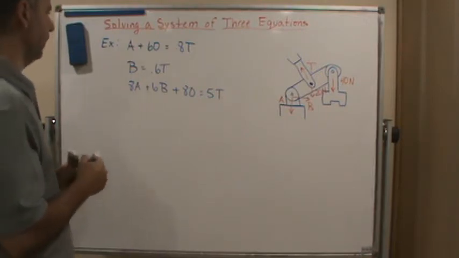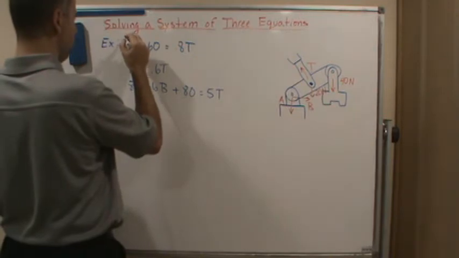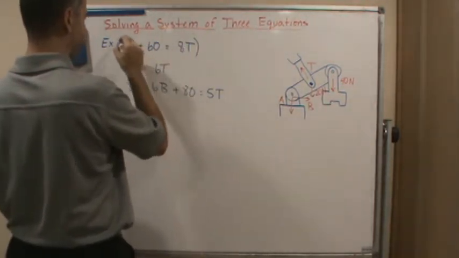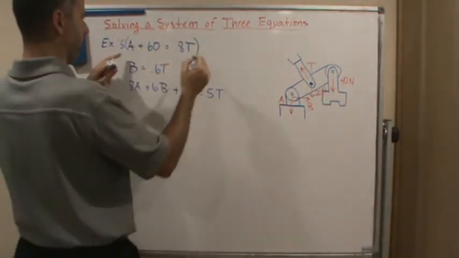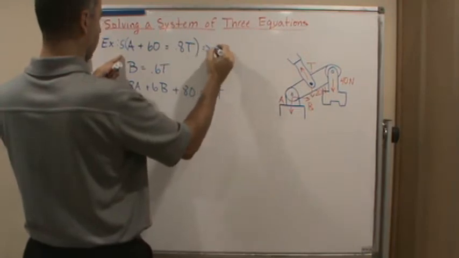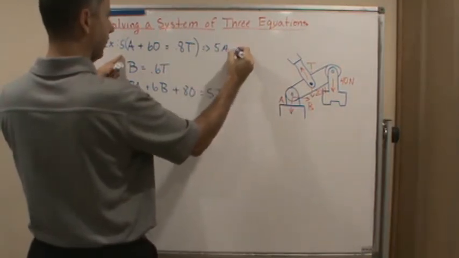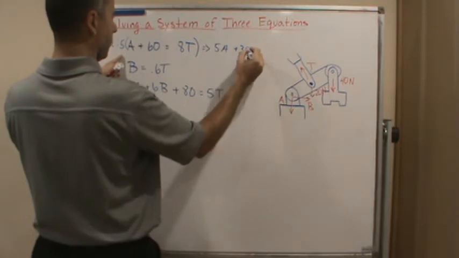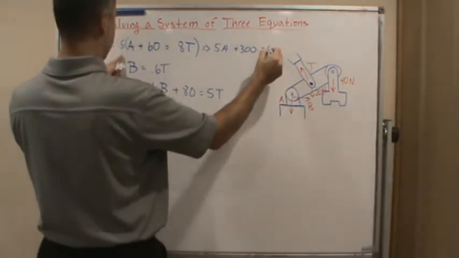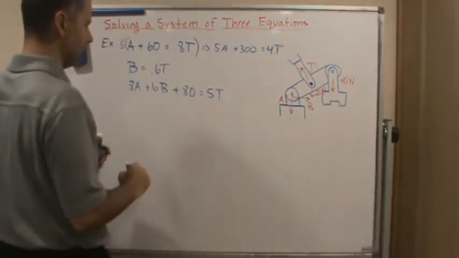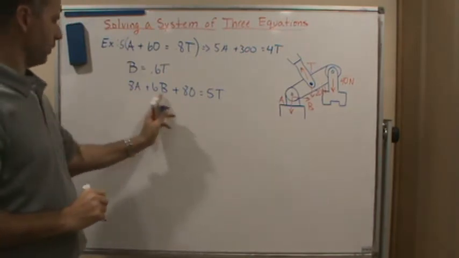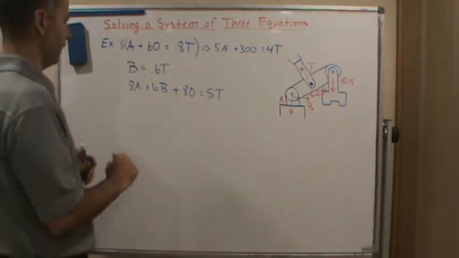So if I multiply the top one by 5, we'll get 5a plus 300 equals 4t. This one's fine, the bottom one's fine. And then what about this one?